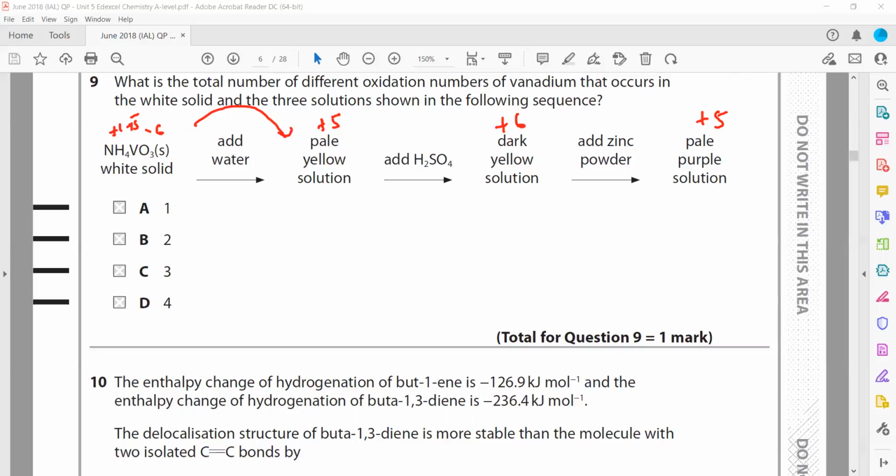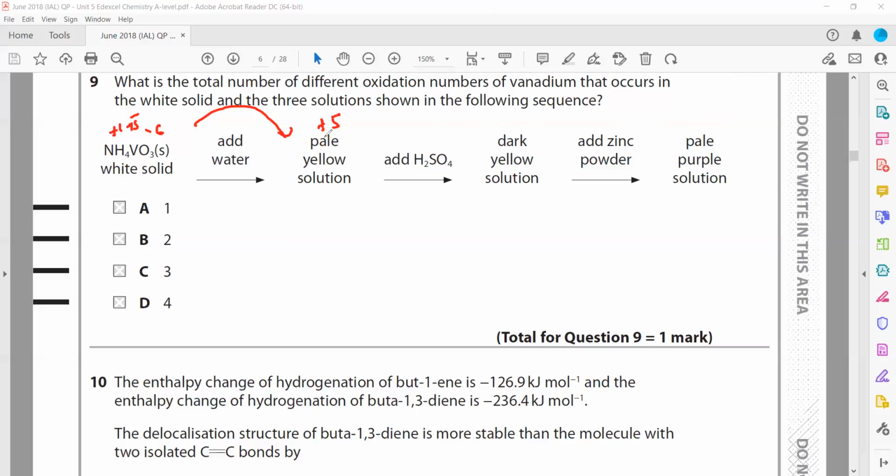Then when we add sulfuric acid, sorry, this one is vanadium. Sorry, by mistake here, see, vanadium is +5.